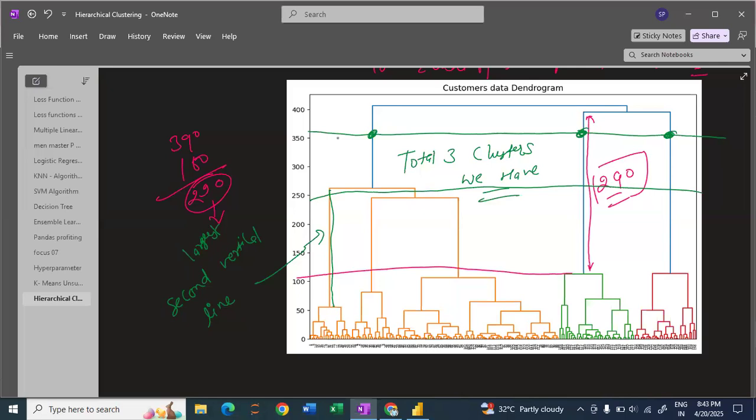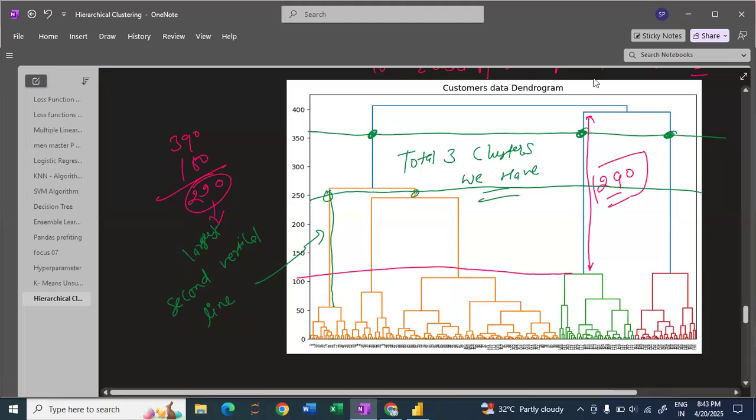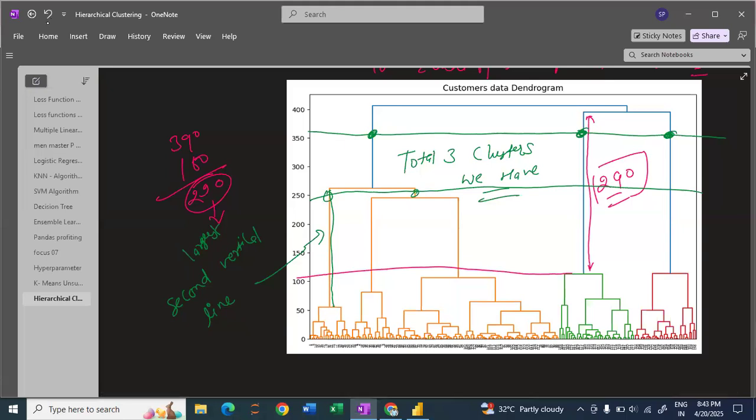And if we cut the dendrogram from here like this, so in total how many clusters do we have? Like one, two, sorry, not from here. Give me a minute. 1, 2, 3, 4, and 5.